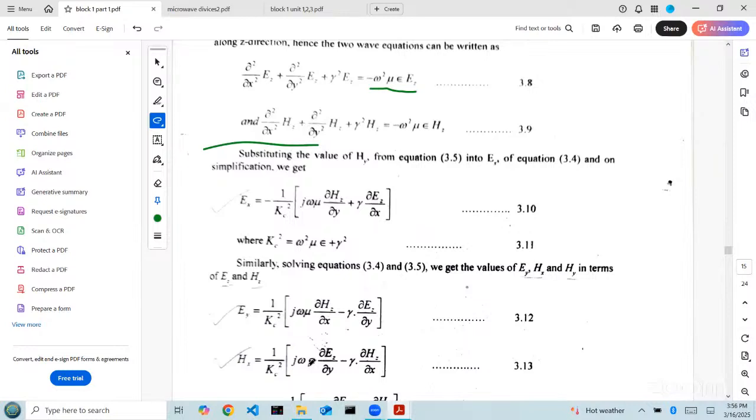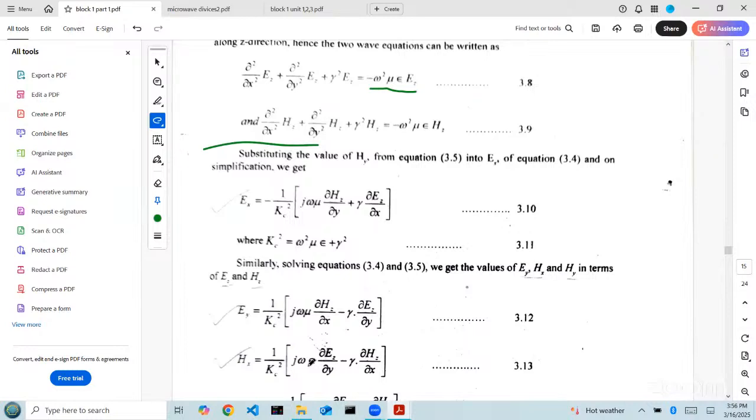The first two terms are plus, the next two terms are minus. Observe 3.10 and 3.12. What is the difference? The signs change. So if you derive Ex, based on that you can write the remaining equations.